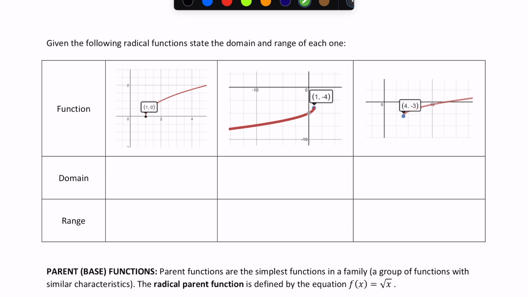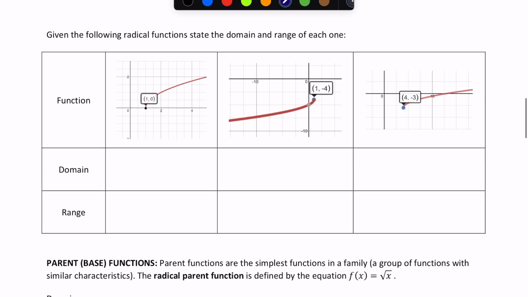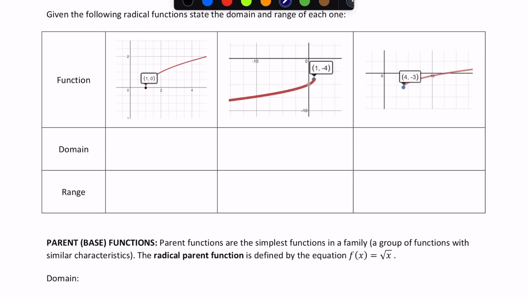So let's take a look here. It says, given the following radical functions, state the domain and range of each one. Here we see that our domain, x, is greater than or equal to 1, and x is an element of real numbers.